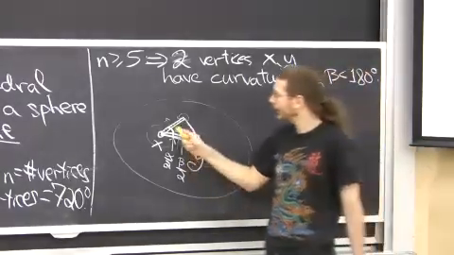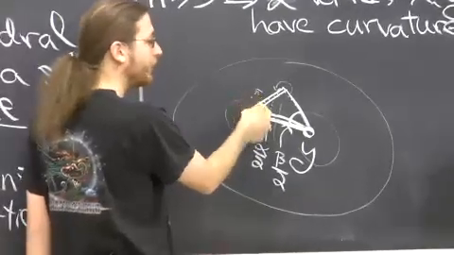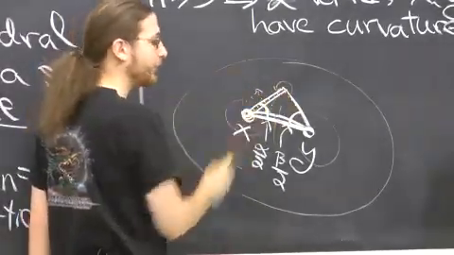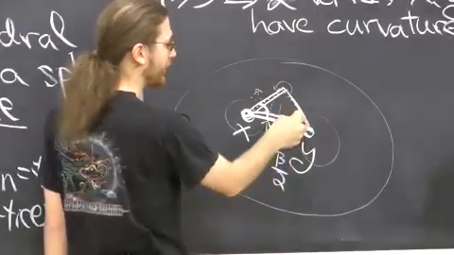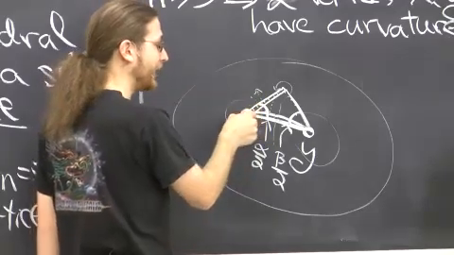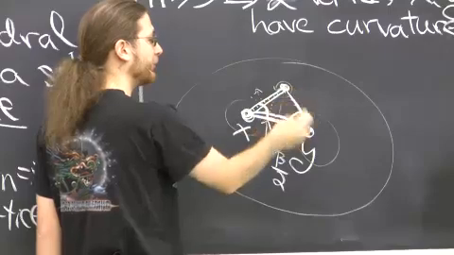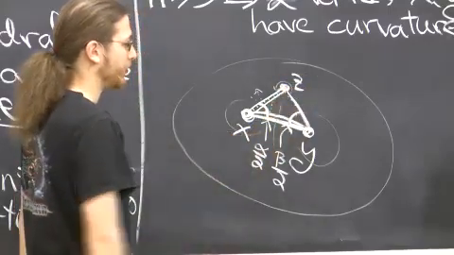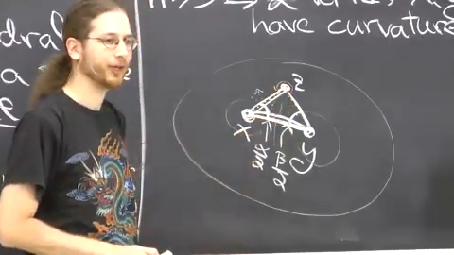So if I stick in an angle of alpha over 2 here at this point, and there's 2 copies of it because there's the front triangle and the back triangle, then I'll be wedging in alpha, which is exactly what it takes to make x flat. And this is exactly what it takes to make y flat. The result will be I obliterate x, it's no longer a vertex. I obliterate y, it's no longer a vertex. But I add this new vertex, z. In that way, I remove 2 vertices, add 1, which decreases n. And then I can use induction.